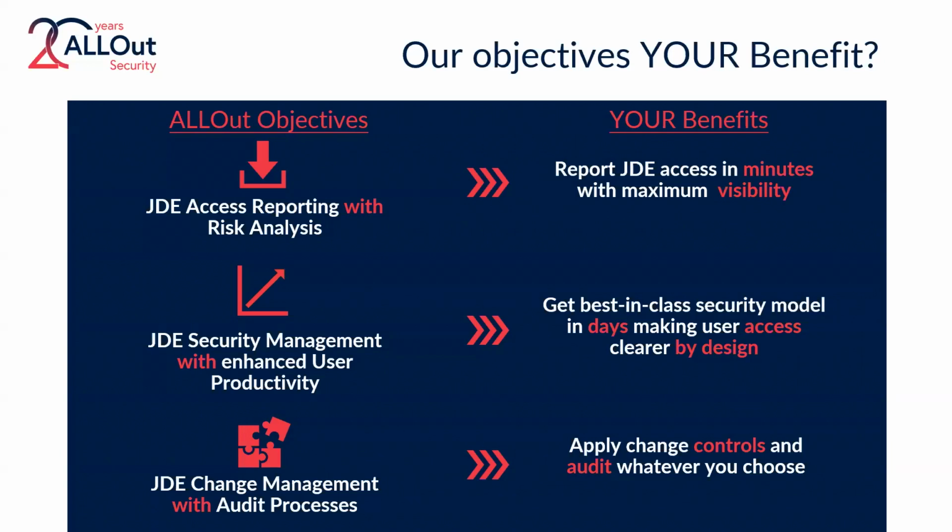Secondly, streamlining user access by design means giving users access only to programs they need to complete tasks and carry out processes via security, roles, and menus, which also enhances user productivity and minimizes human error. More on this in due course.